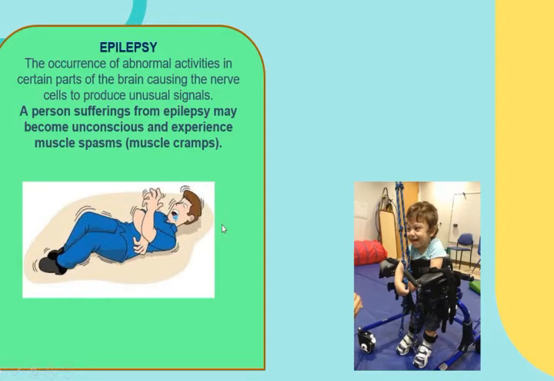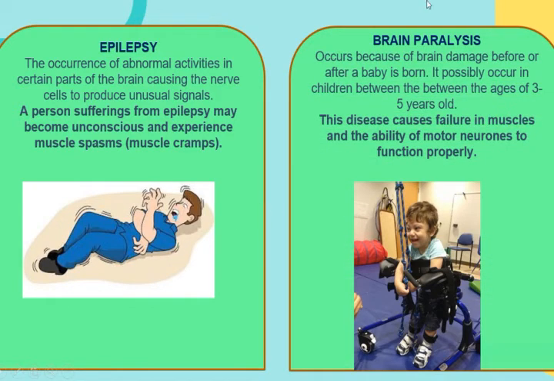Next we go to brain paralysis, which occurs because of brain damage before or after a baby is born. It possibly occurs in children between the age of 3 to 5 years old.